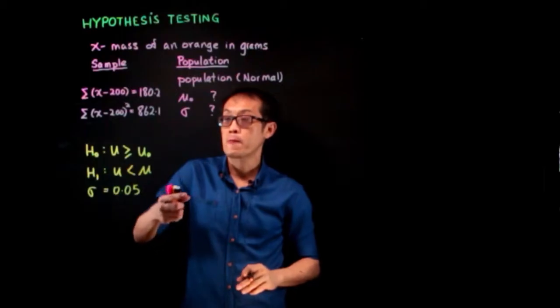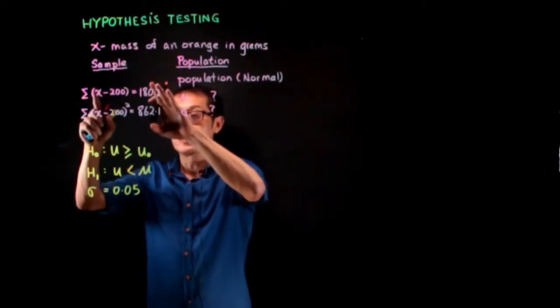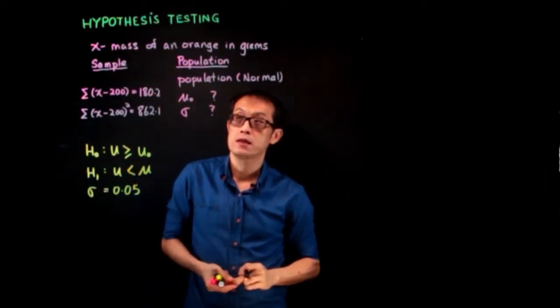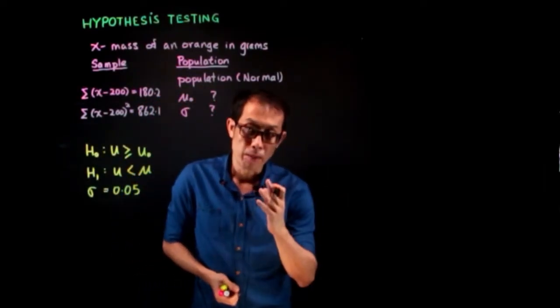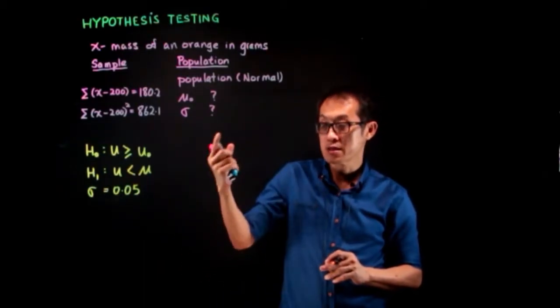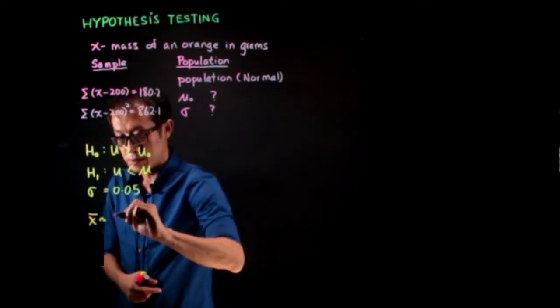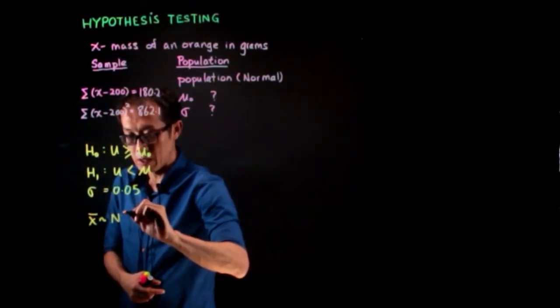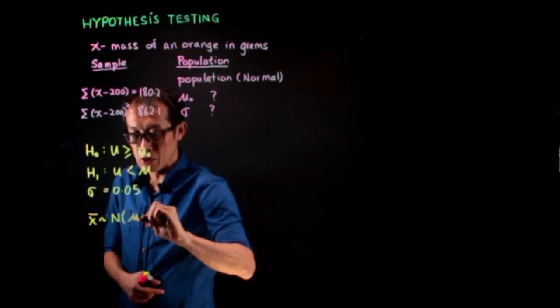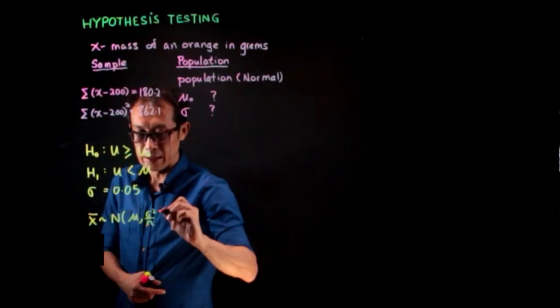Now, what can we say about the distribution of the sample mean? If the population is normal, then the sample mean will also be normal with mean mu and variance sigma squared over n.